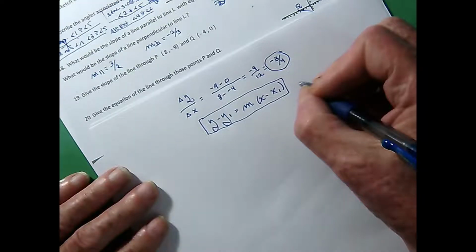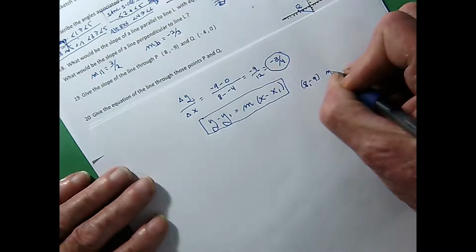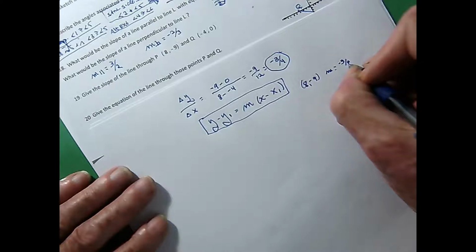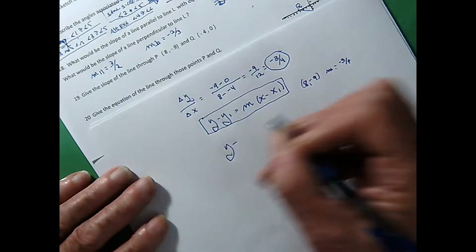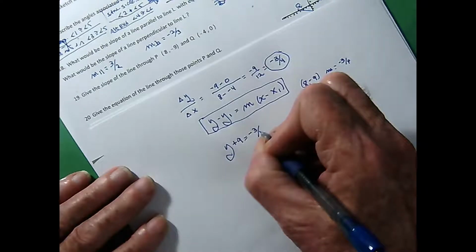I suggest you take the negative 4 comma 0, and I'll use that same slope because I want the equation of that line. And the slope that we should use is negative 3/4. Let's see what comes. y minus the y coordinate negative 9, that'd be y plus 9, wouldn't it? Equals negative 3/4 times x minus the x coordinate 8.